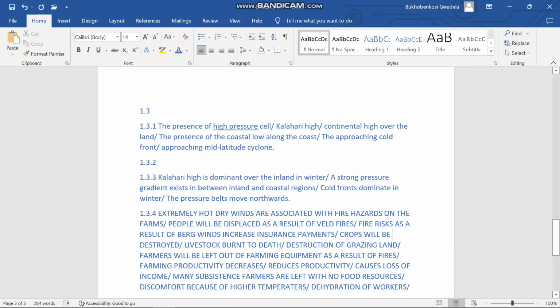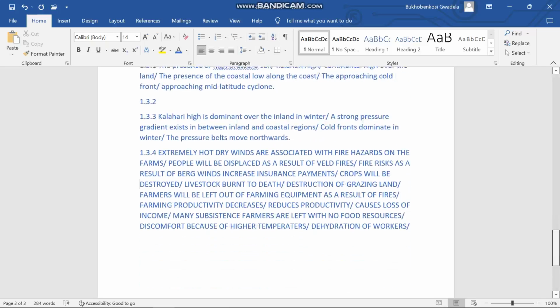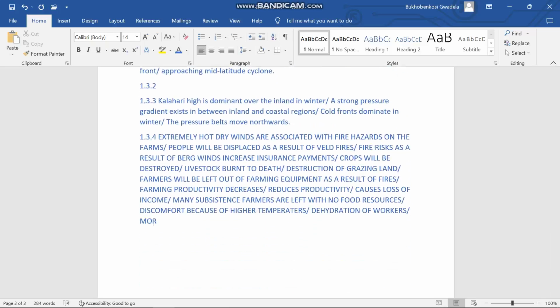So more water will be used for irrigation, and will have a financial implication.